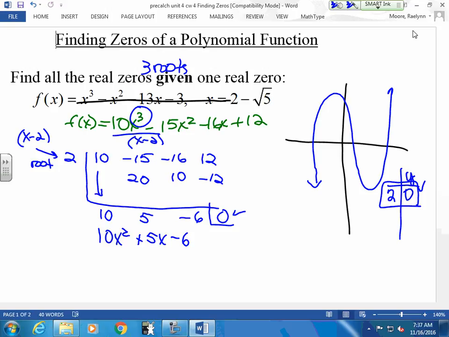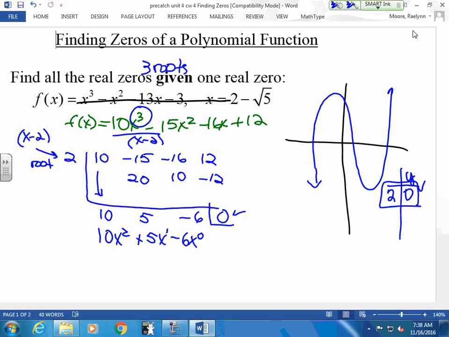Technically this is my x to the 0, my x to the 1. So I ran out of x's. Once I reach the end of my x's, that's my remainder. Now that last one, if I divide it by one root, I should have one place for remainder, one term. This tells me, yep, this was a root of your equation.